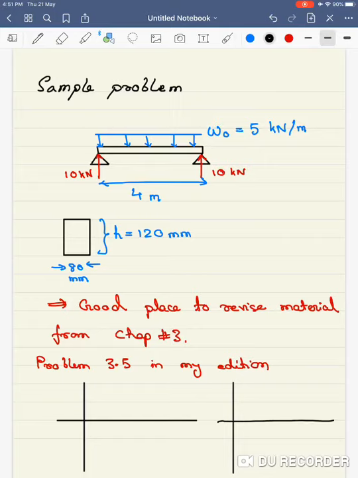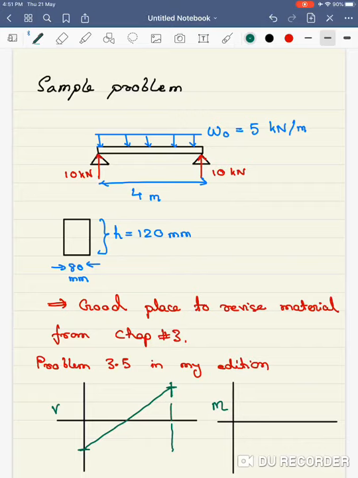I'll make two diagrams, one for V and one for M. And you should be able to work this out. If this is my L, then this looks something like this. It starts off from some negative value, ends up at a positive value, and is joined by a straight line. This is the shear force diagram.